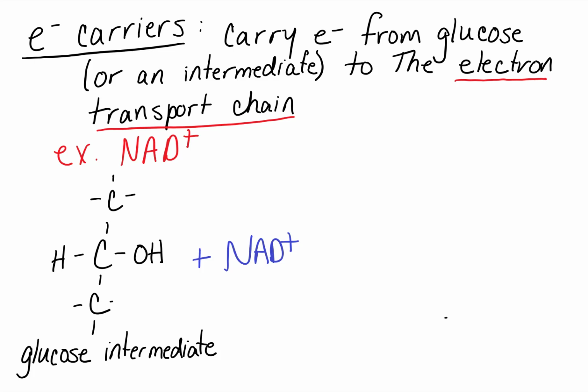Now, NADH as an electron carrier has the capacity to carry 2 electrons and 1 proton. Okay? And in this chemical reaction, an enzyme is going to come in and remove 2 hydrogen atoms from the glucose intermediate.